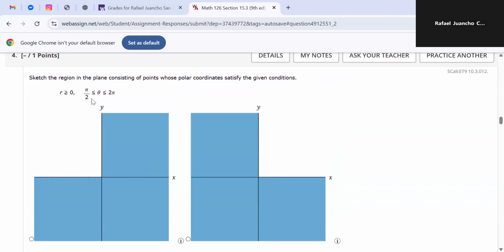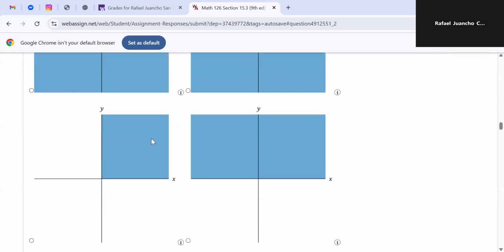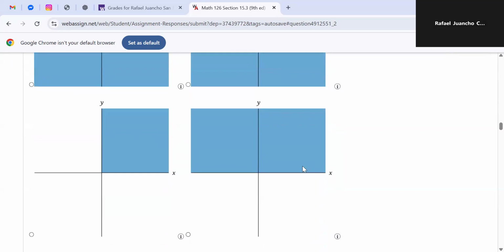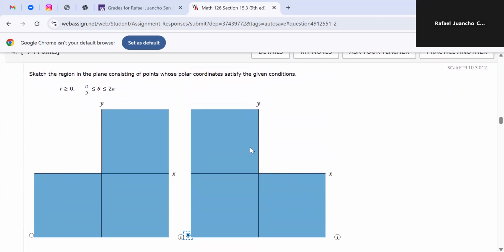And I don't know. Okay, here we start from pi half. Pi half is here, going all the way to 2 pi. So I would say going all the way to here for a full rotation. This one doesn't do that. This one definitely doesn't do that. This one doesn't do that. So I would say it's this one, right?